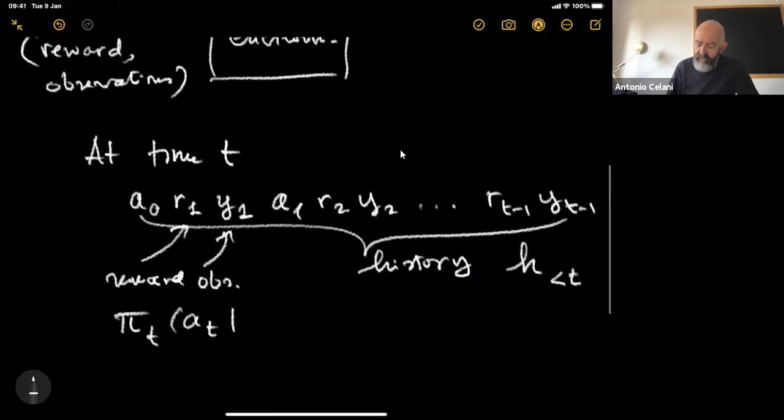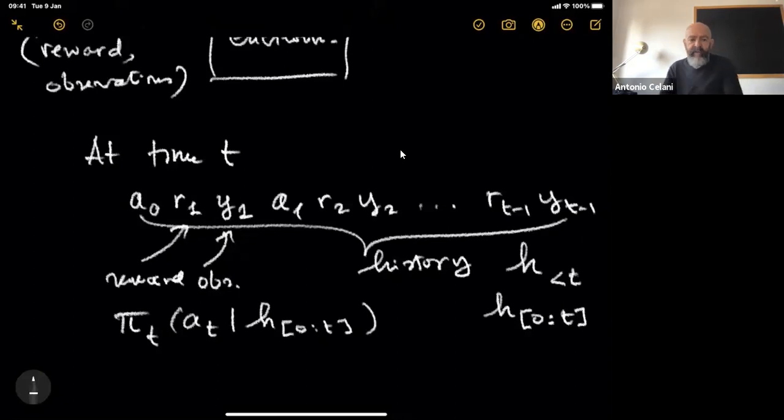Or another notation for that could be h from time 0 to time t. Whatever, these are just notations to compress the notation for a long string of objects.